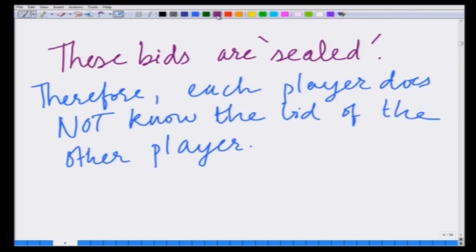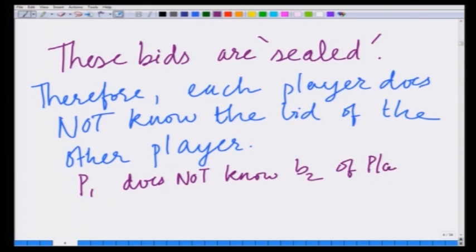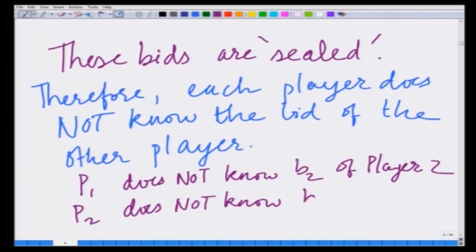That is, P1 does not know B2 of player 2, and similarly player 2 does not know B1 of player 1.